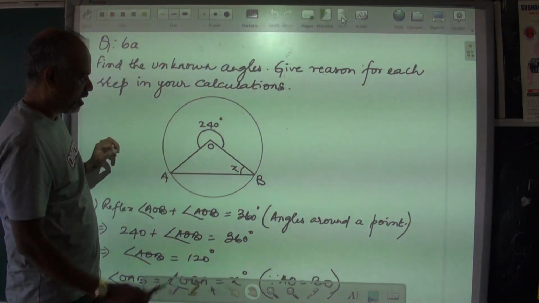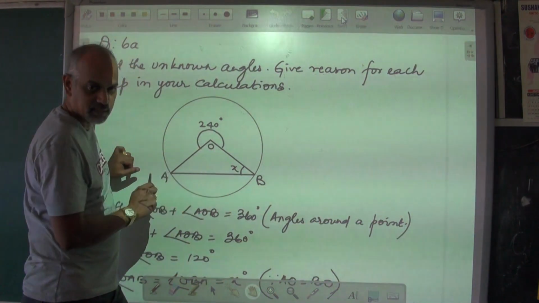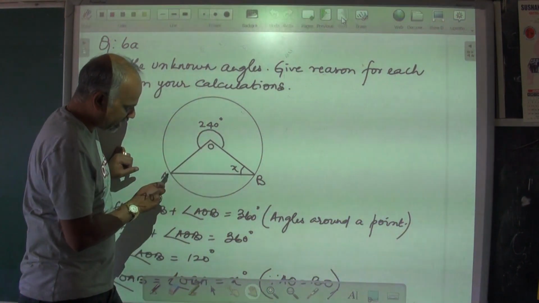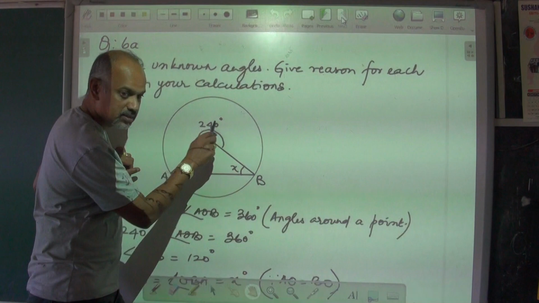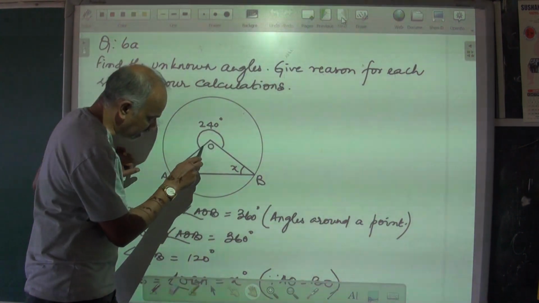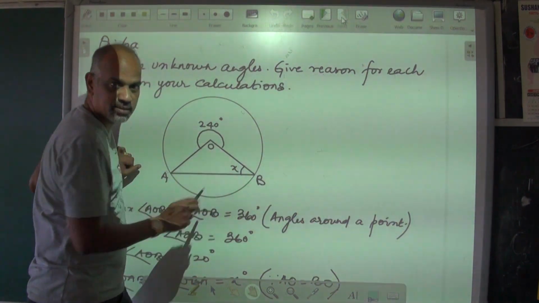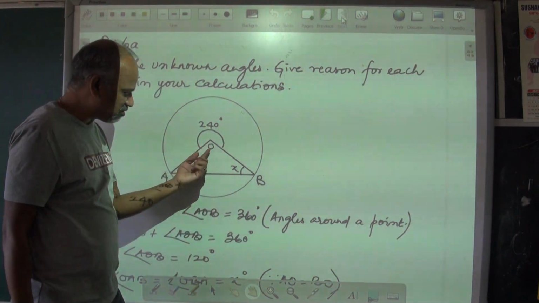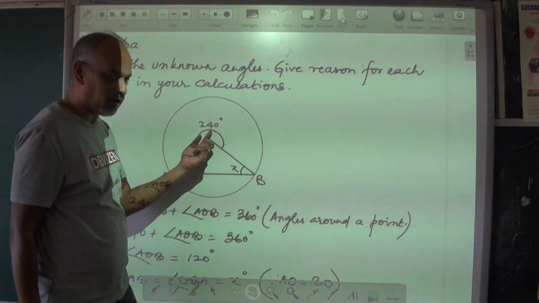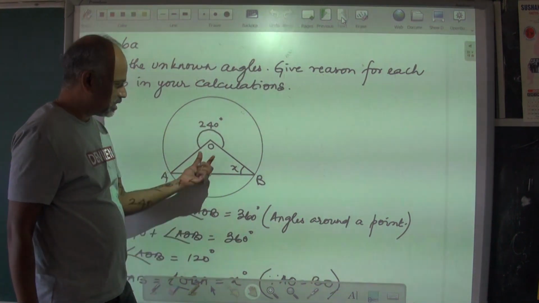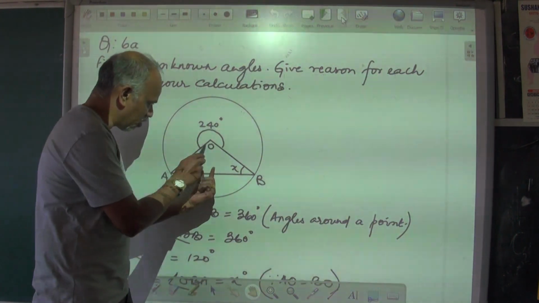Now, if you have to name this, this angle will be AOB. And this angle is also AOB. But there is a difference between the one which is below and the one which is above. The smaller angle is angle AOB.